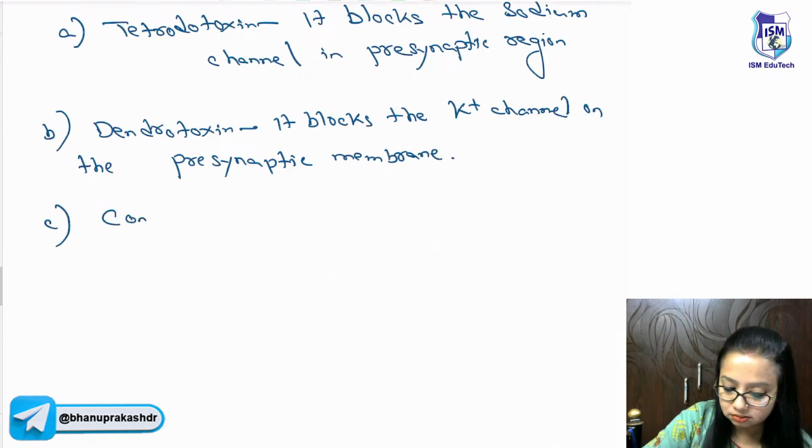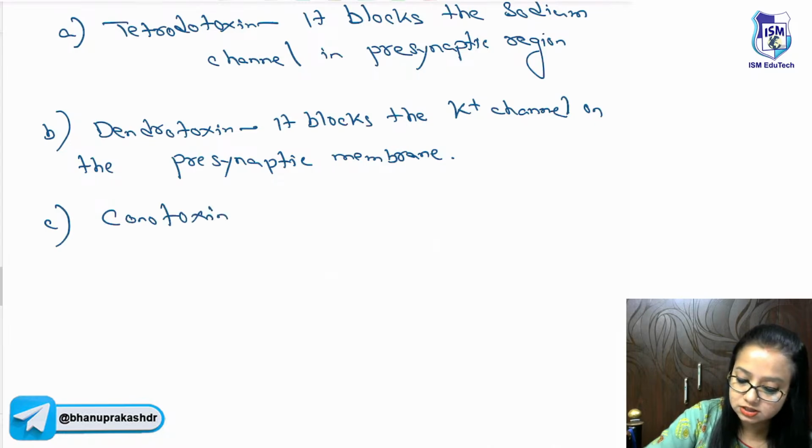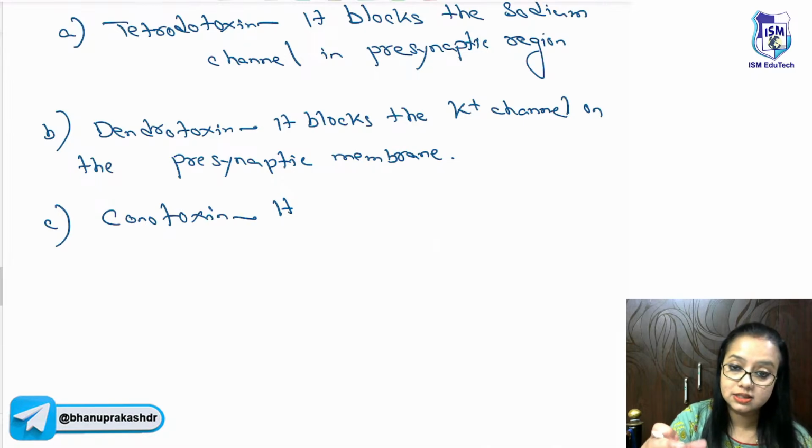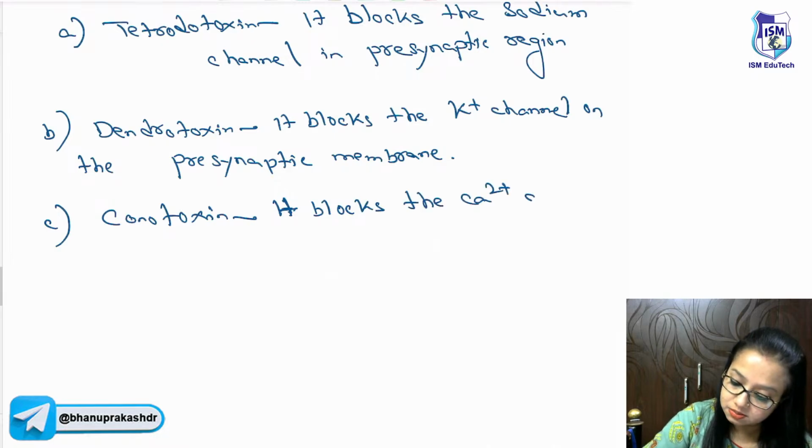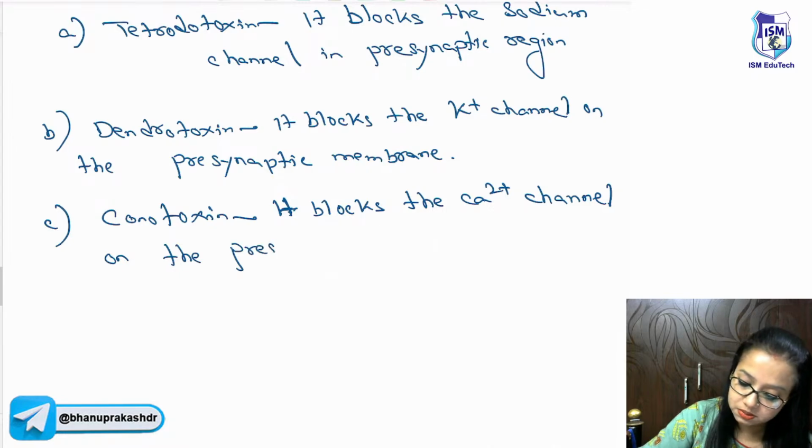Another one, conotoxin. It is from a snail. So it blocks the calcium channel on the presynaptic membrane. Okay.